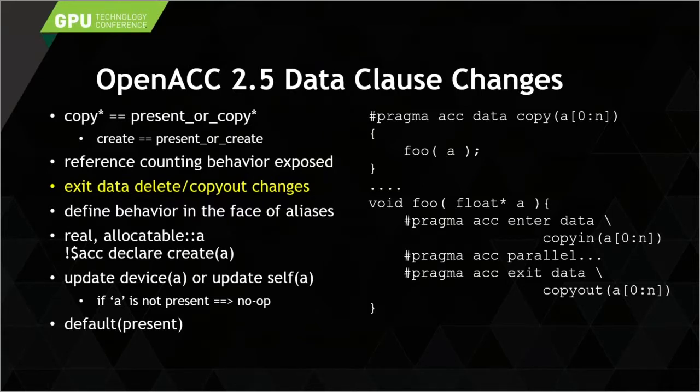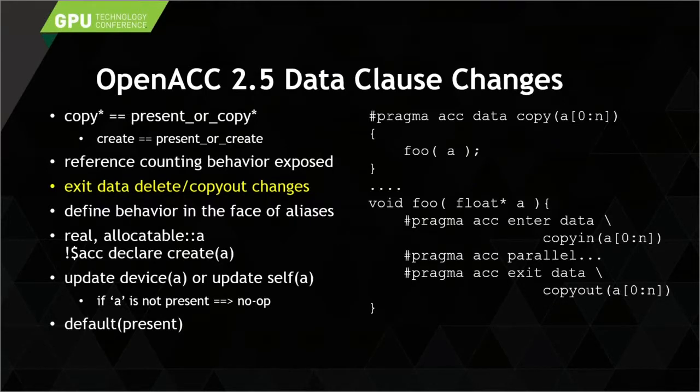The changes there so far will not change the behavior of any correct programs. This one will. So with the reference counting behavior, if you have an enter data copy in and an exit data copy out, if you copy in enter data 3 times, that will increment the reference count 3 times, and you'll have to exit data 3 times to get it copied out. And it turns out Cray and PGI implemented this different ways in the current 2.0 specification.